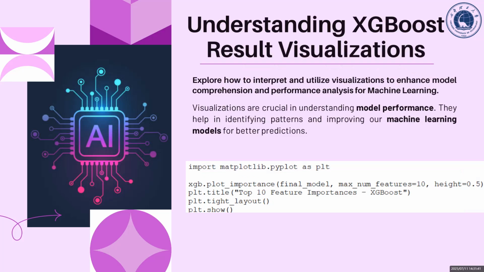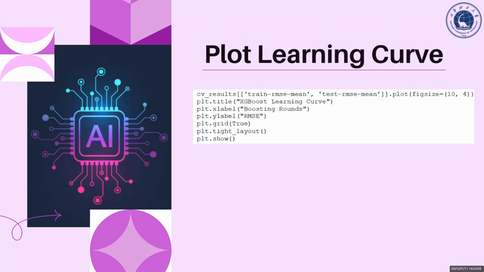These are the features that contribute to the prediction process of the XGBoost model. And then that is going to show us what are those features that contribute more to the predictive outcome of the model. So this is a straightforward plot that helps us visualize our model performance. And then plotting learning curves is important to see how the model converges during training.